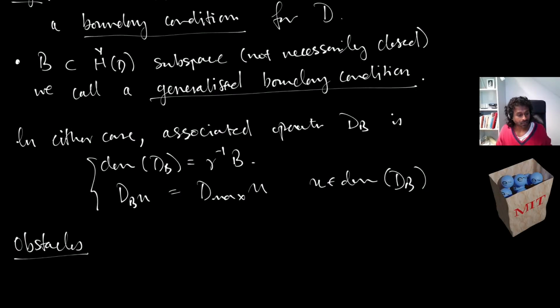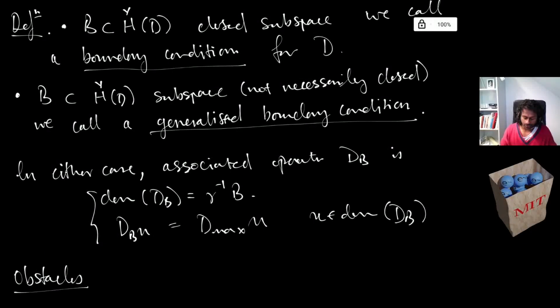Okay, the question was, what is the reason that we distinguish between closed boundary conditions and non-closed or generalized boundary conditions, and why do we need to really care about this?